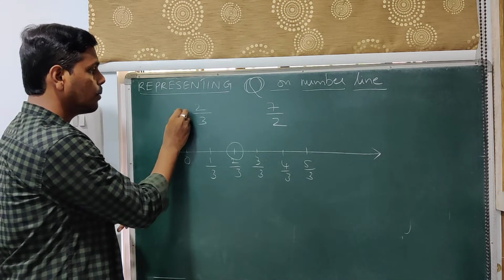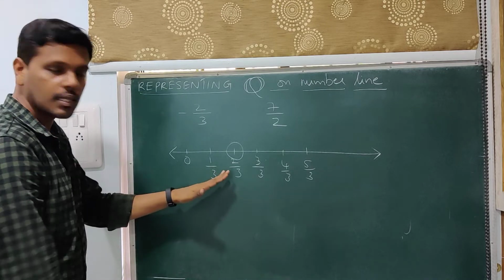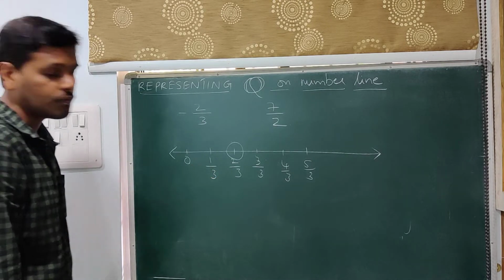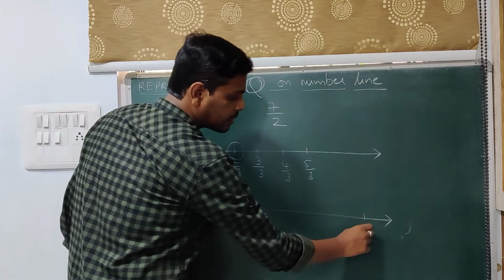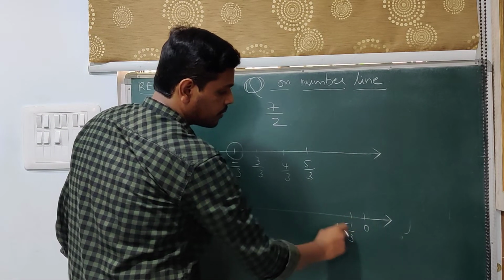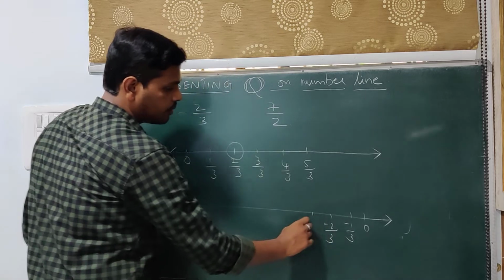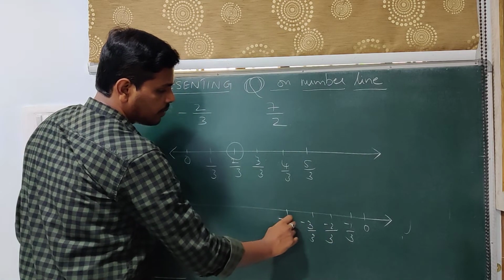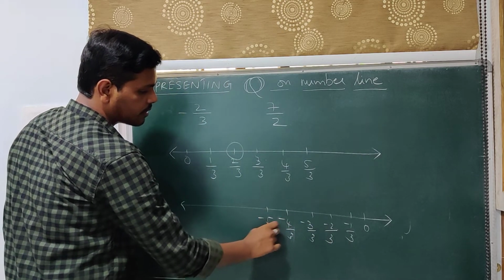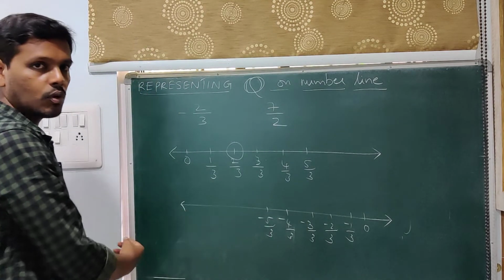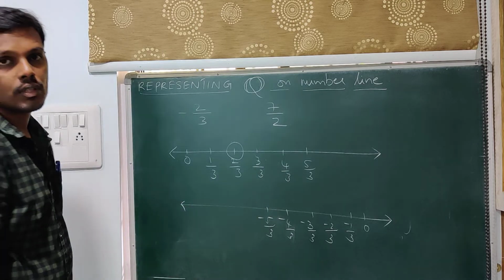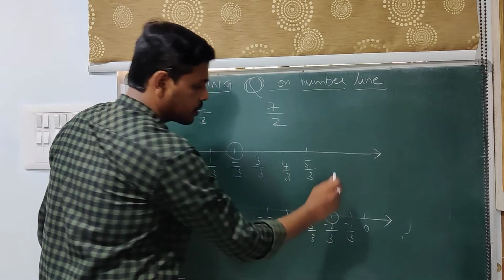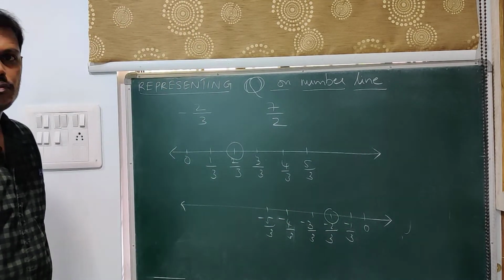Suppose you are marking minus 2 by 3, we repeat the same process on the left hand side of 0. So you start 0, minus 1 by 3, minus 2 by 3, minus 3 by 3, minus 4 by 3, minus 5 by 3, and likewise we move on the left hand side, just like the way we move on the right hand side of 0. Then we encircle the required number. That is the way we go about.